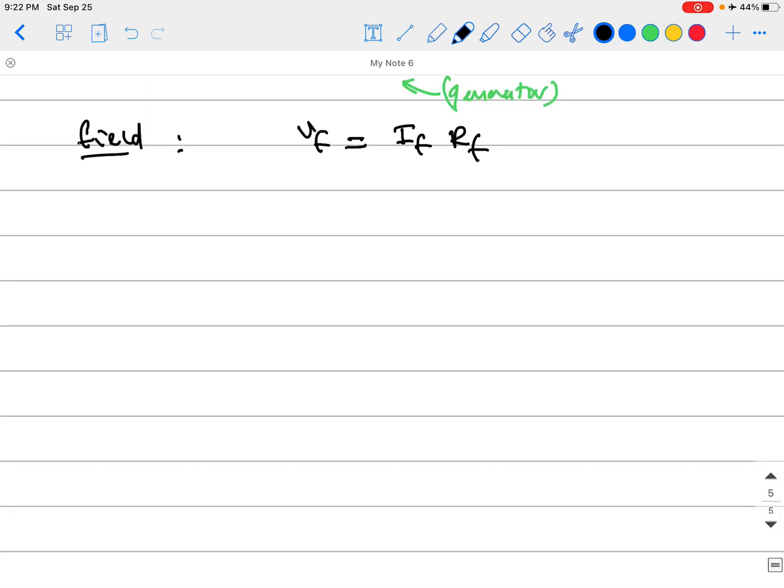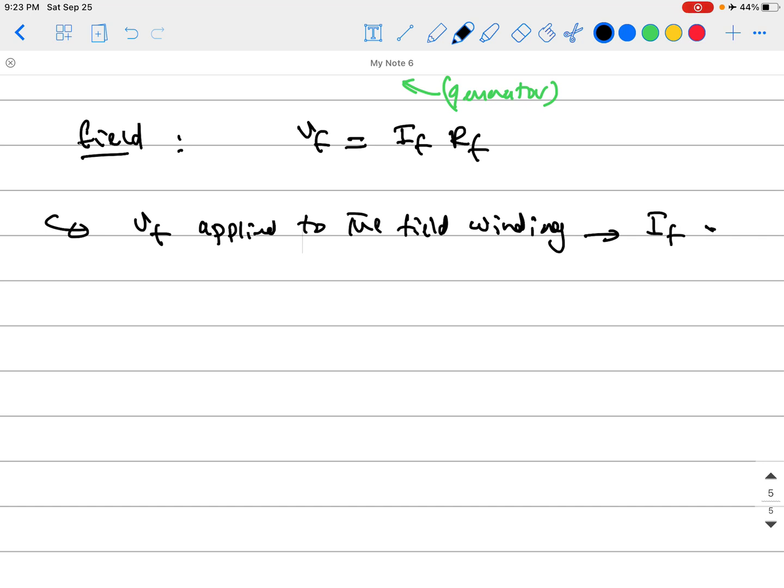Before I jump to the other types of connection, let me emphasize one important thing here. What happens when we apply this V field to the field winding? Basically, you have voltage applied to the windings, so IF will pass through them.